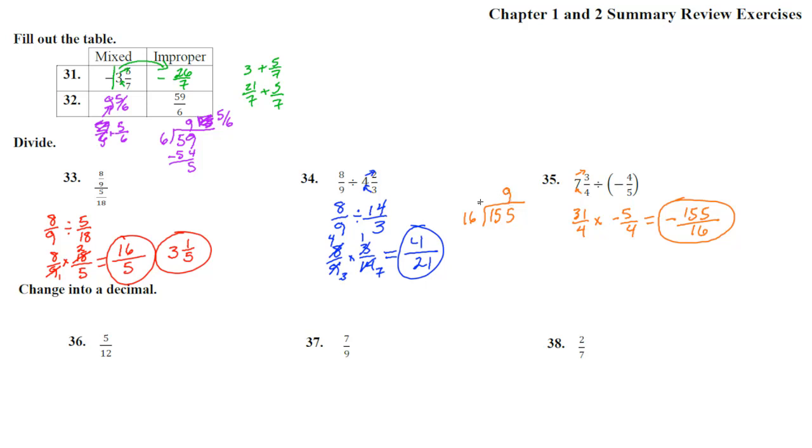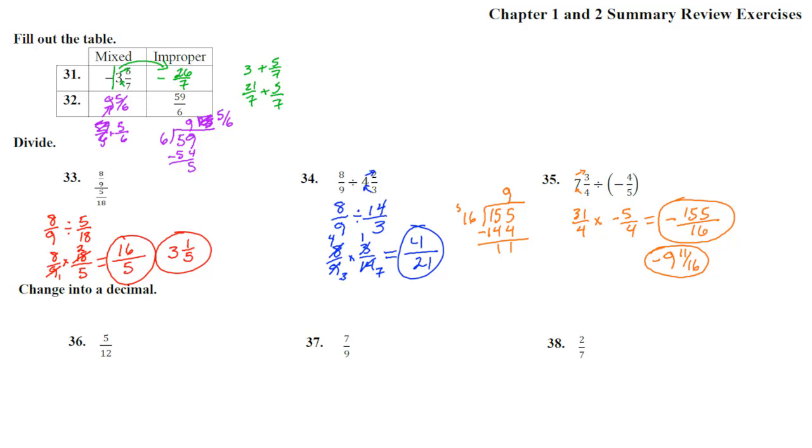Probably goes 9 times. 9 times 6 is 54. 9 times 1 is 9, plus 5 is 14. 144, and subtract, and we get 11. There's our remainder. So it's 9 and 11/16, and that is a negative number. So there's the improper fraction. There's the mixed number. Number 36.